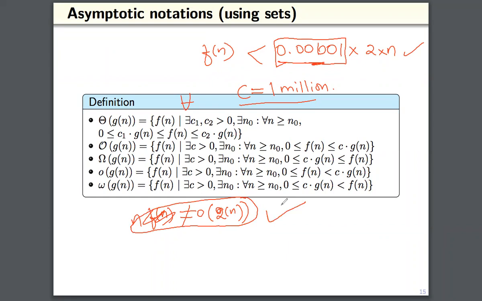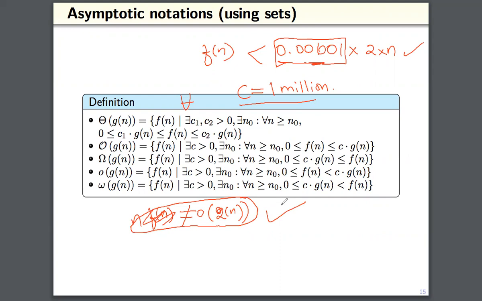Here, I think the small o of g of n in comparison to f of n is basically to say that f of n decreases faster than g of n. So if you have a constant like 1n, 2n, 3n, whatsoever, I don't think it satisfies.